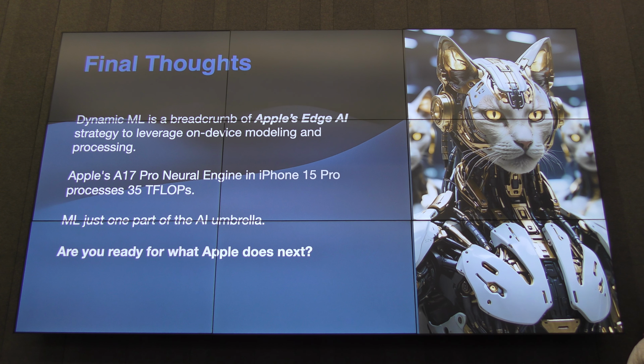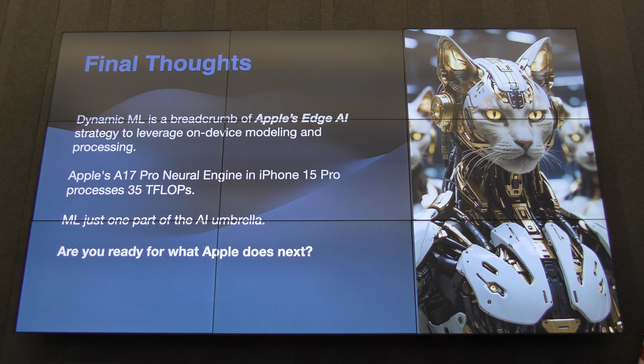You have less latency, you've got security, you've got privacy, all of those things you don't have when you're shipping all of your data off onto another server. And just for fun, a reminder, the A17, the neural engine on an iPhone 15 Pro, which is what I have right here, processes 35 teraflops. That's moving.